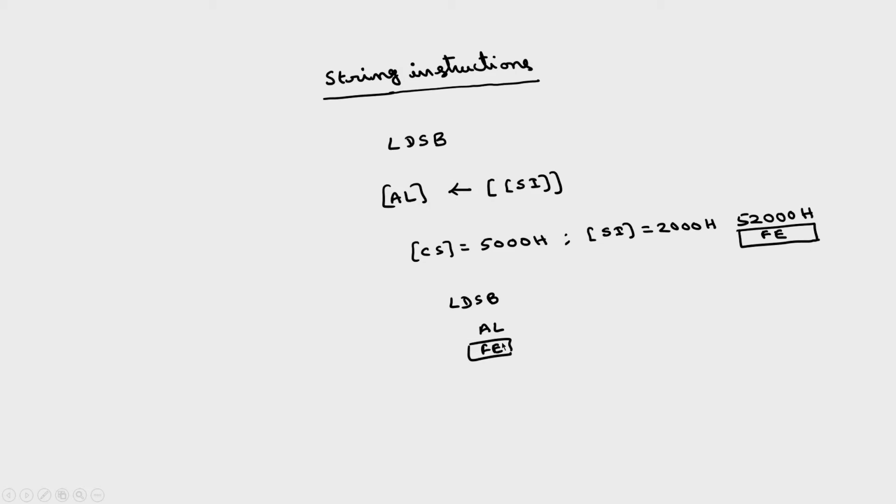So, this instruction basically takes the source index as a default register. Using this SI, it will compute the physical address, then that data will be transferred to the AL.